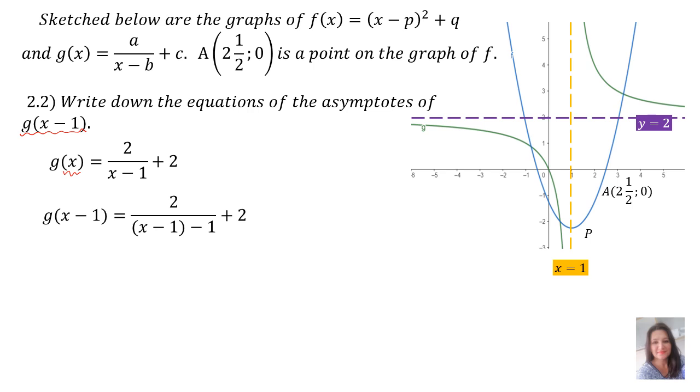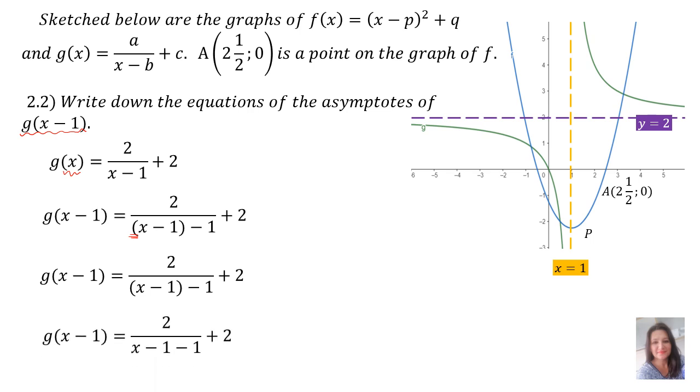And that means everywhere where you see an x, you will substitute x minus 1. And then in the next step, you can drop the brackets. You're left with 2 over x minus 1 minus 1. And when you add the two minus 1s under the line, you end with 2 over x minus 2 plus 2. So there is your new equation.